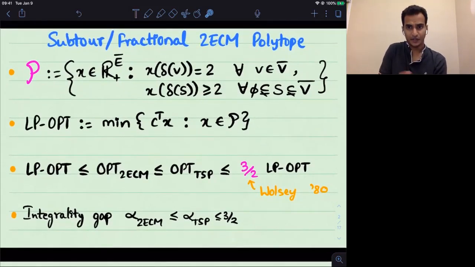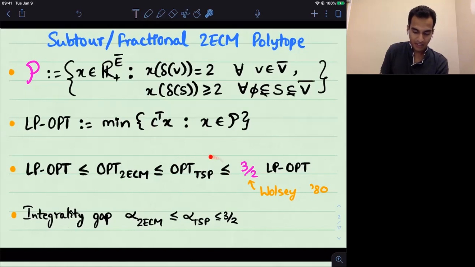I'll use script P to denote this polytope. LP opt denotes the minimum cost fractional solution in this polytope. The famous polyhedral analysis of Christofides' algorithm shows that the optimal solution for TSP is upper bounded by 3/2 times the LP optimum.